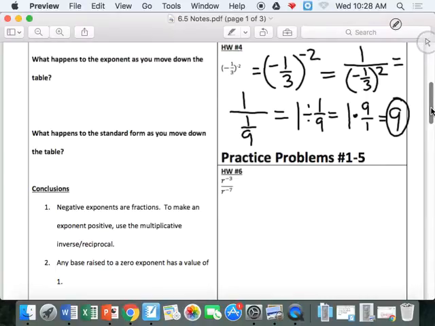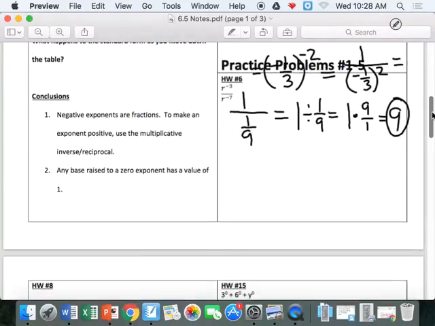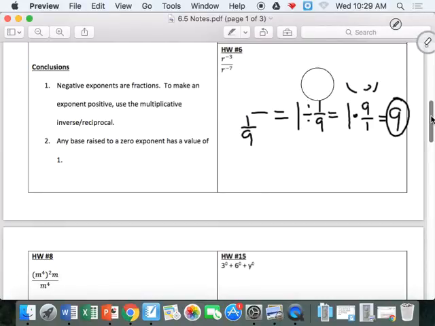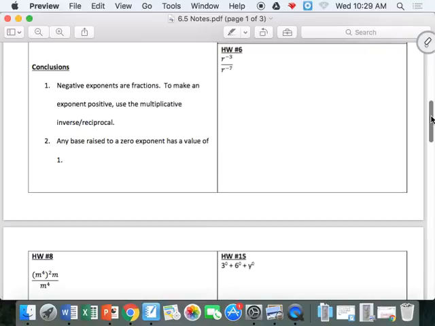Here's what I would recommend on these problems. Starting on number 6, use your exponent rules before you deal with the negatives. Don't worry about them being negative right now. What kind of problem is this and what rules should we use from the other day that we learned? Subtract, because it's a division problem, right?